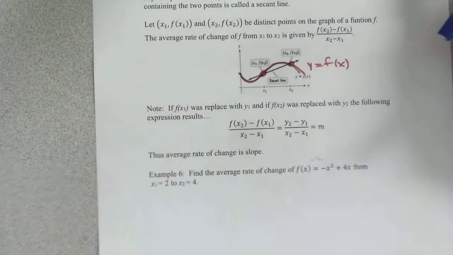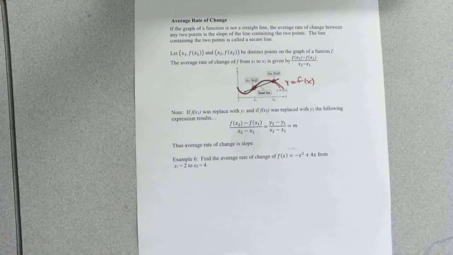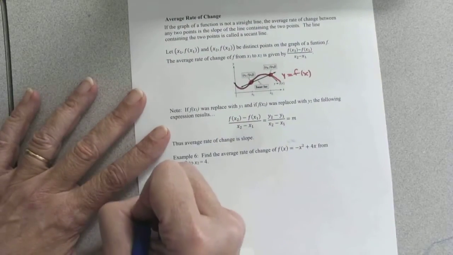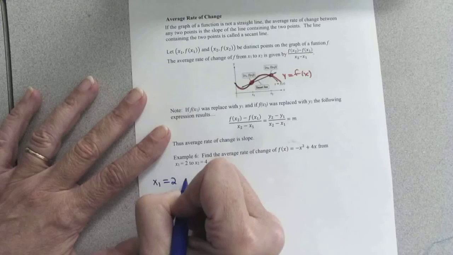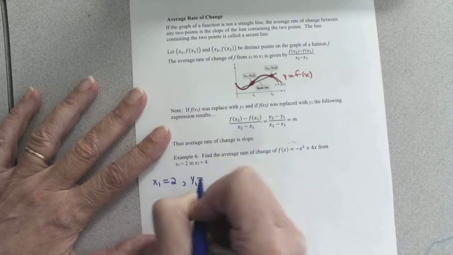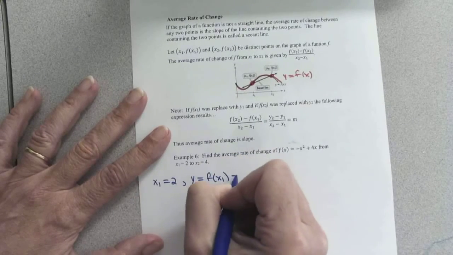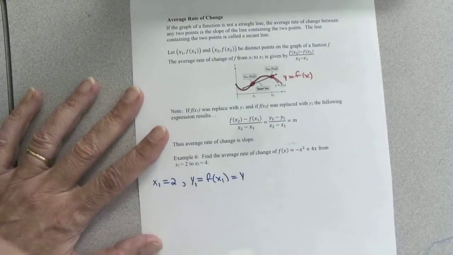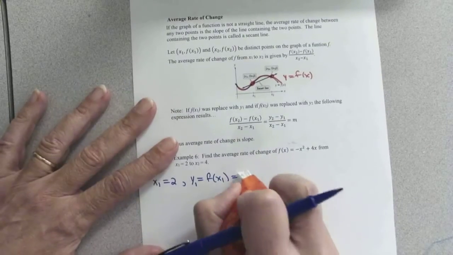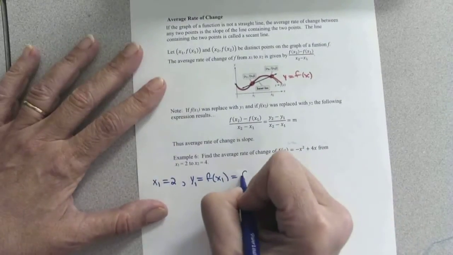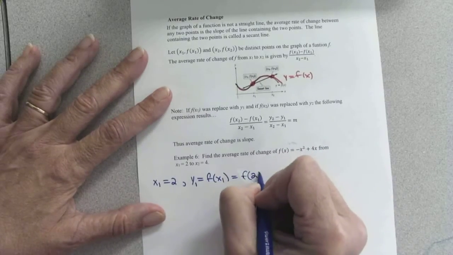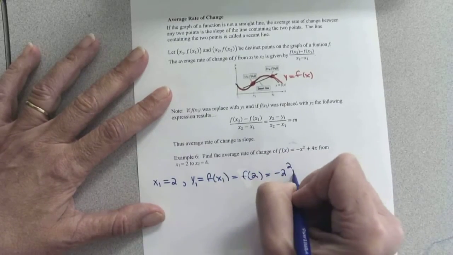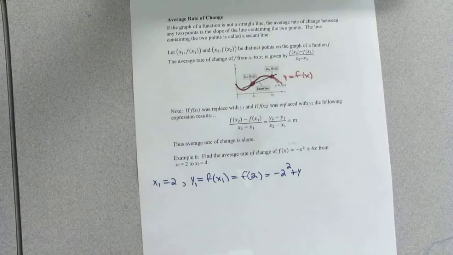Okay, the only thing we have to do besides just find the slope is we do need to find the specific points. If we got x1 equals 2, that means y1 is going to be f of x1, which is going to be f of 2, which will be negative 2 squared plus 4. And then we're going to do this right.